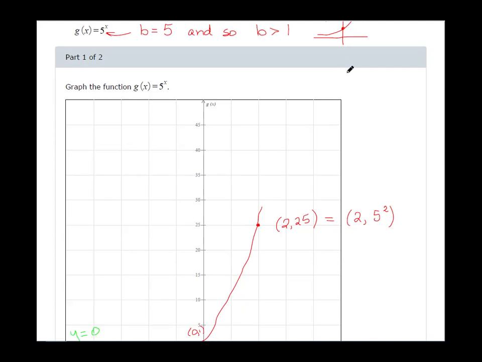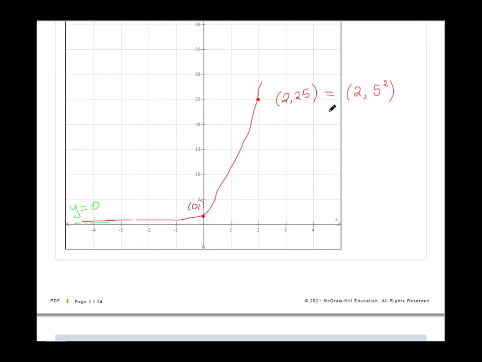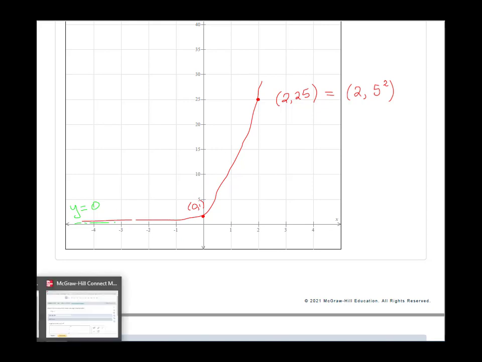And then from my rough sketch here, I made the horizontal asymptote, crossing at 0, 1, and at 2, 25, because 5 squared is 25. Now that's easy to draw on paper. What do you do in Connect Math?